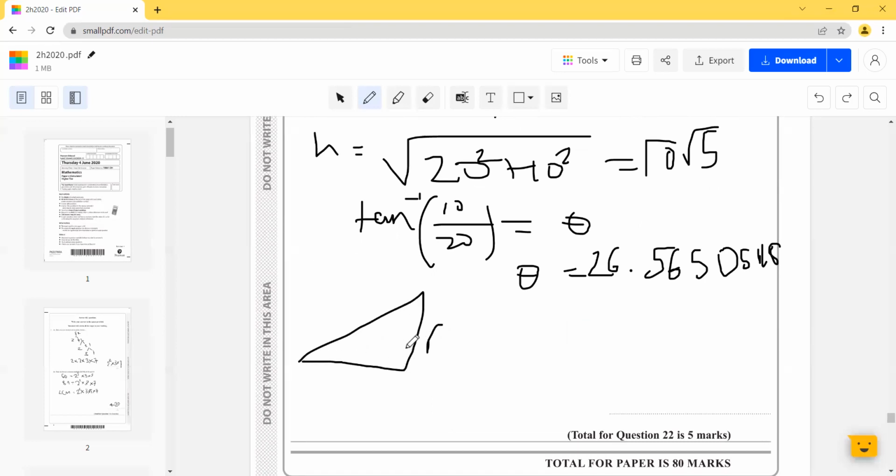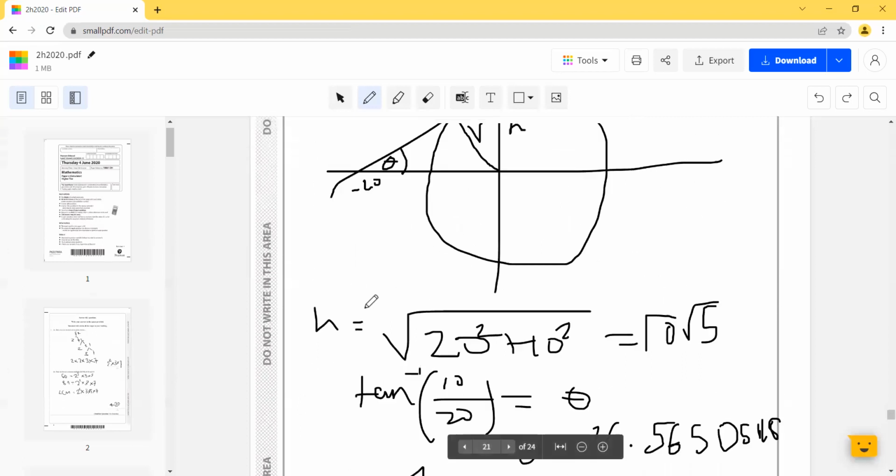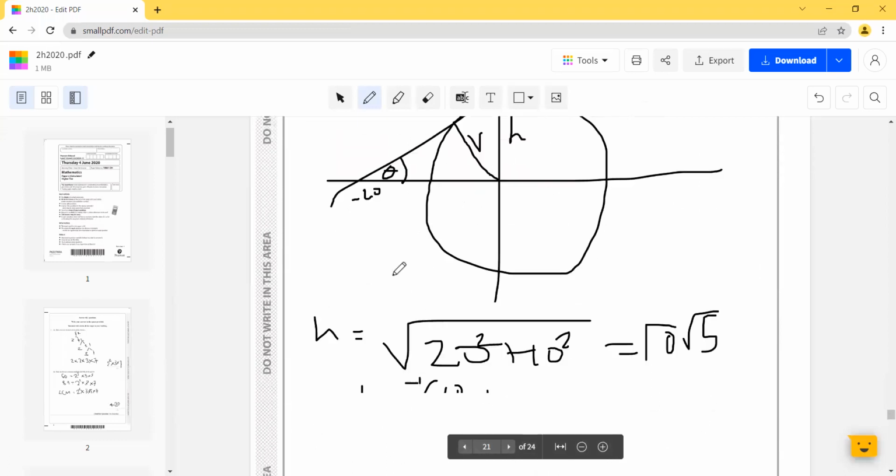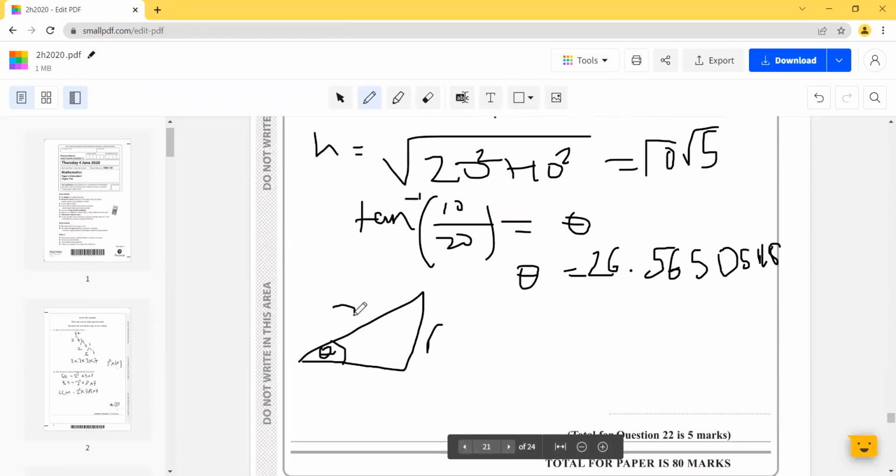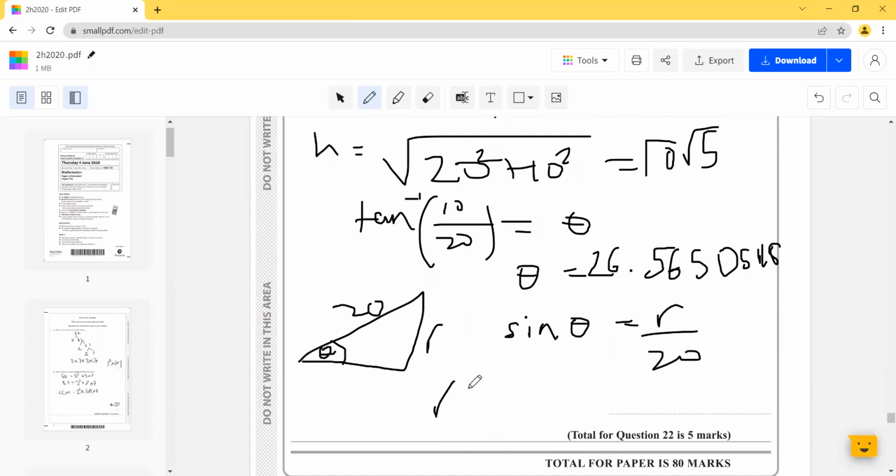This is our radius, and this is our theta, and the hypotenuse is 20. So we know that sine of theta is equal to r over 20, so r is 20 sine theta.